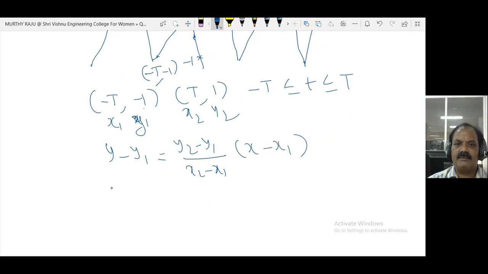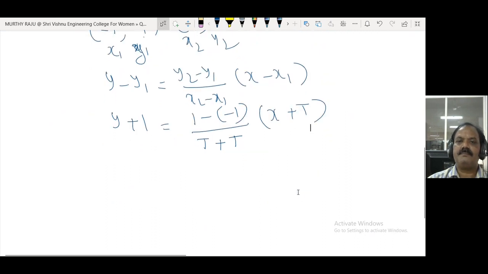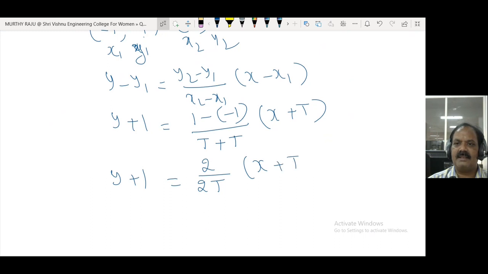Here y1 is minus 1, so y minus of minus 1 is y plus 1. y2 minus y1 is 1 minus of minus 1, which is 2, by x2 minus x1, which is 2T, times x plus T. Here y plus 1 is equal to 2 by 2T times x plus T. The 2 cancels.